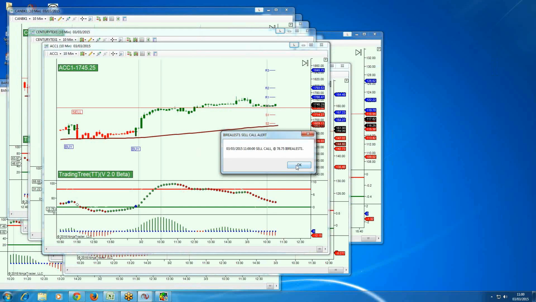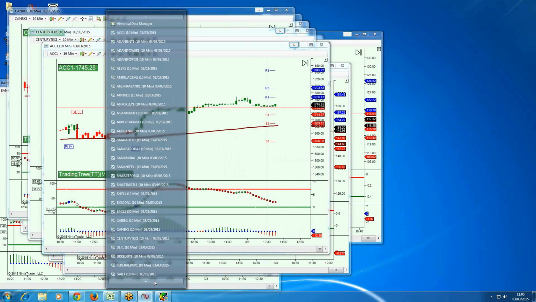So we have a sell call in IB Real Estate, that's on Tradingtree. I'll just tell you the entry for that.